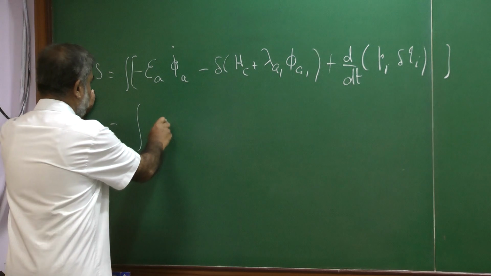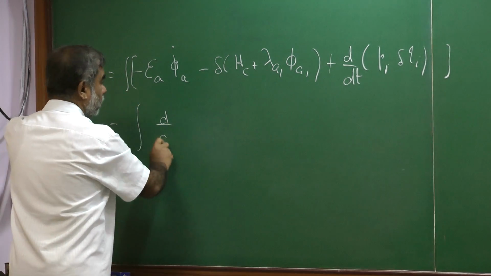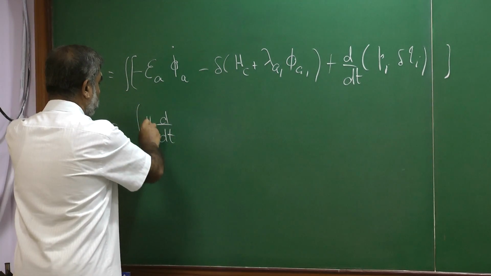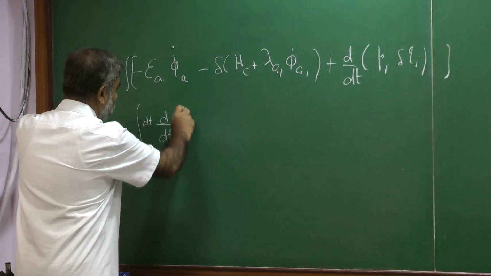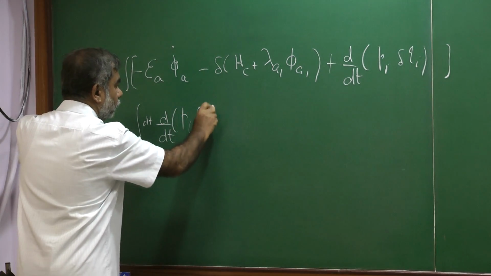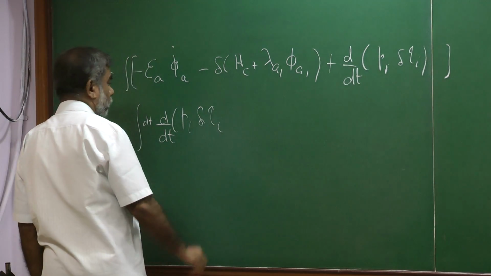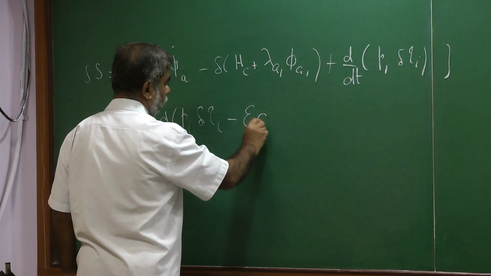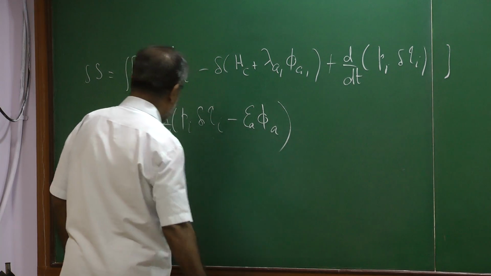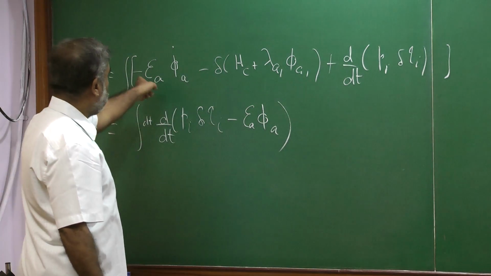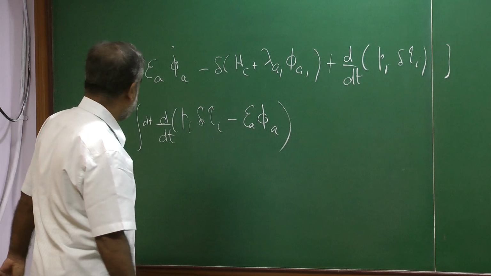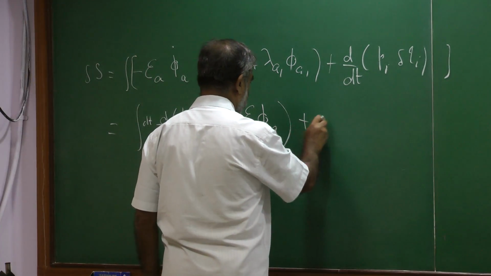Now you can write this as, so there's a dt always sitting outside. Then, I have included one part of this, but I have something extra, and that's subtracted out.